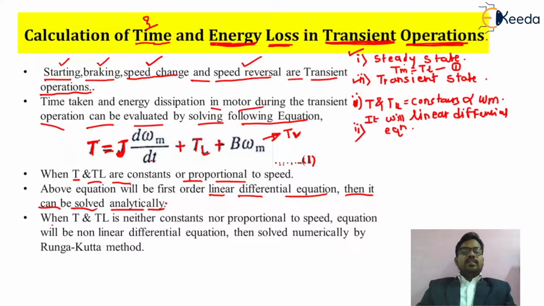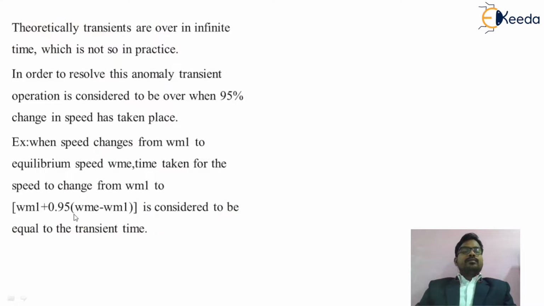The second case is when the values of T and TL are neither constant nor proportional to the speed. The basic equation will then be a nonlinear differential equation, and this equation is solved numerically by the Runge-Kutta method. This is a very important thing in the calculation.